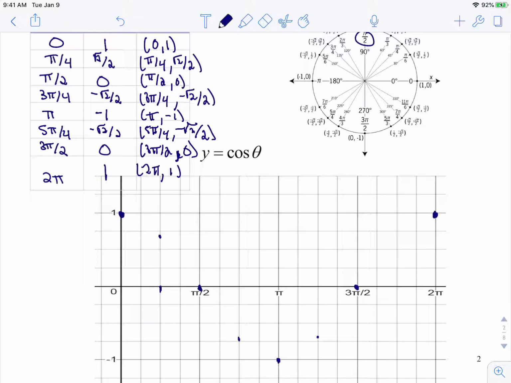And we could have plotted 7 pi over 4, which would be about right here. Oh, no, not there. It would be here, which is right there. So this was just me showing you where pi over 4 was.